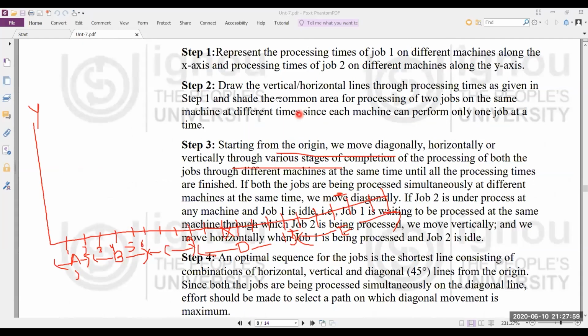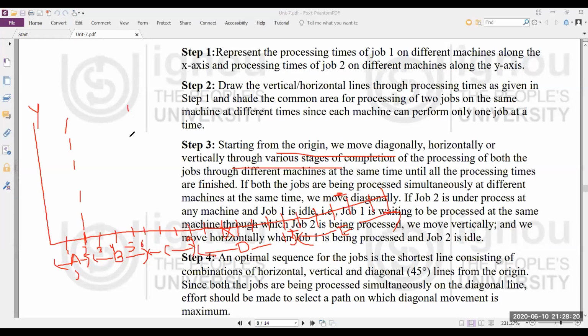Draw the vertical and horizontal lines through processing times as given in step 1. It means that you have to draw vertical lines like this one. It is for A, and it is up to 6.